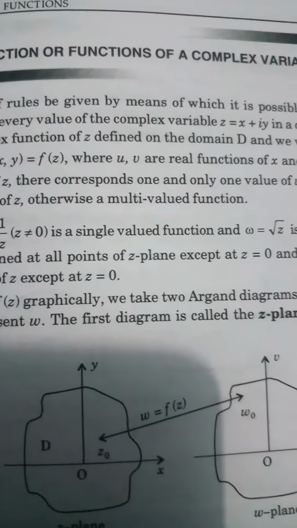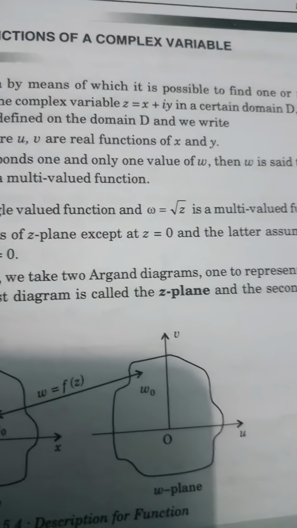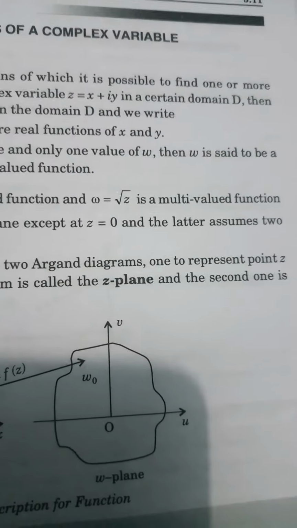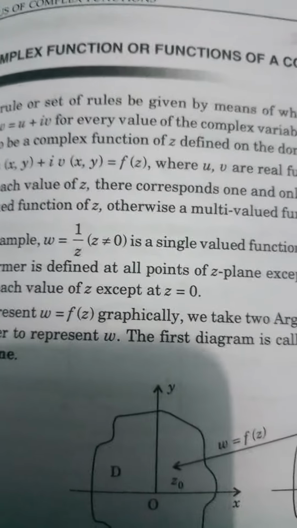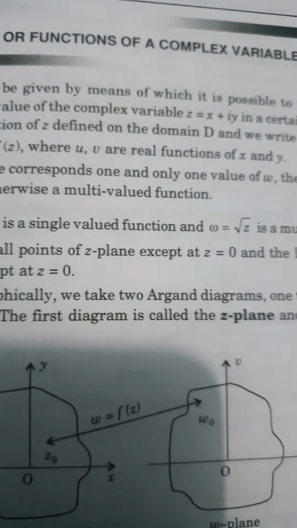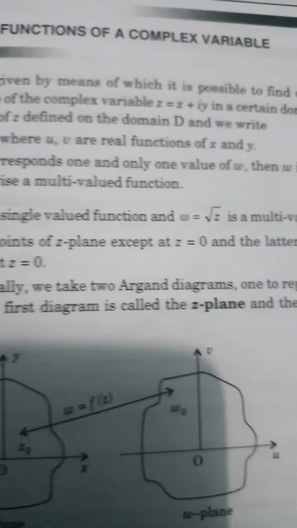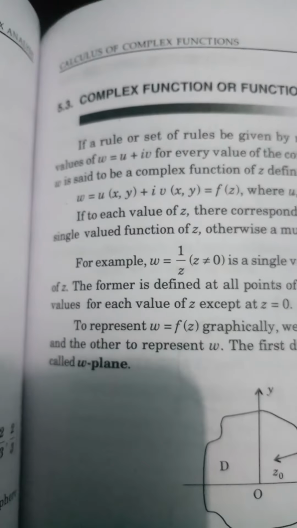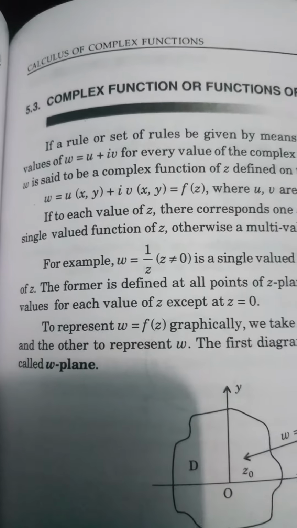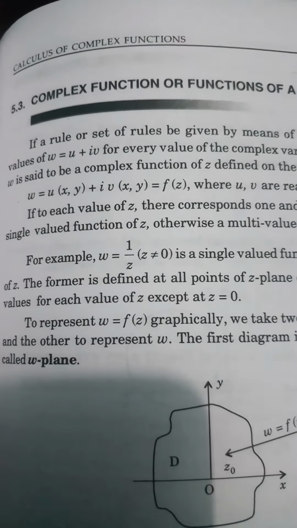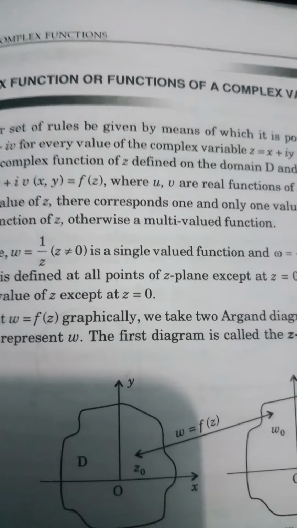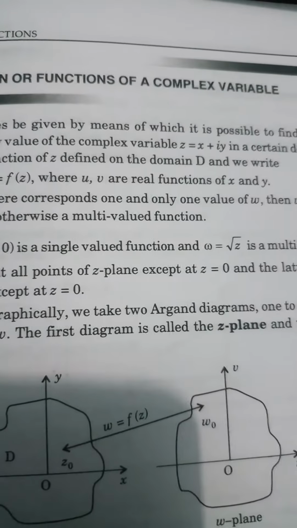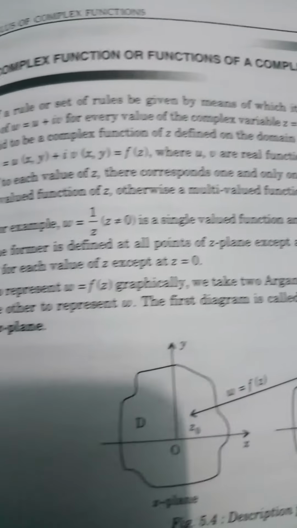For every value of the complex variable z equal to x plus iota y in a certain domain D, then w is said to be a complex function of z defined on the domain D, and we write w equal to u(x,y) plus i v(x,y) equal to f(z), where u and v are real functions of x and y.